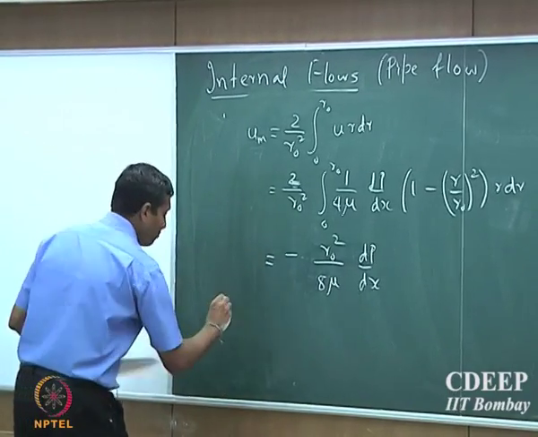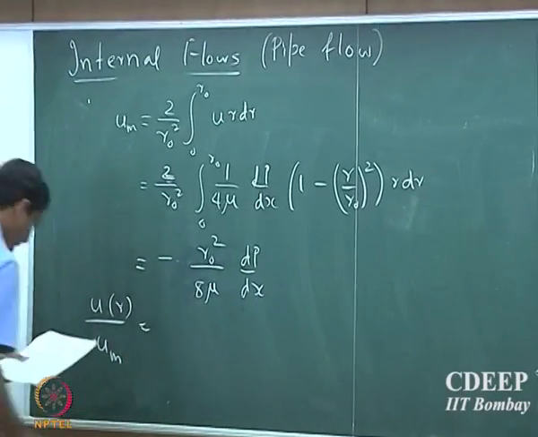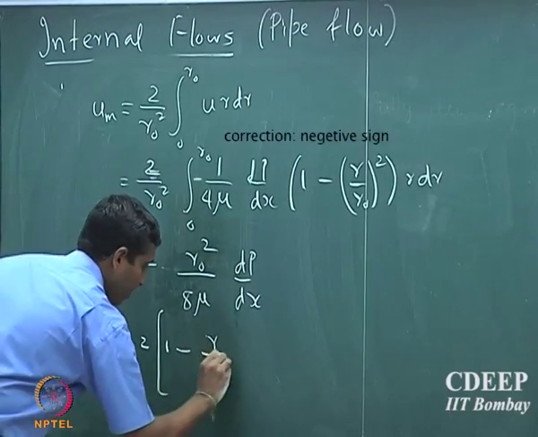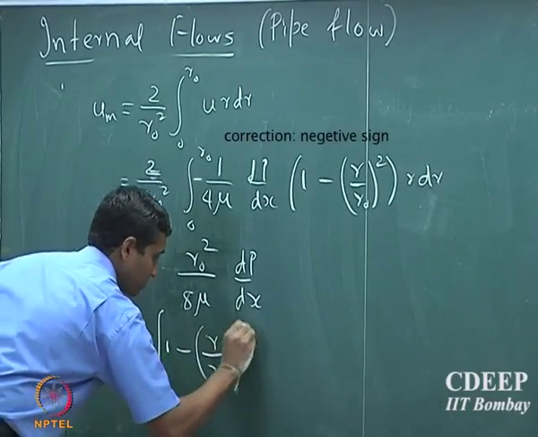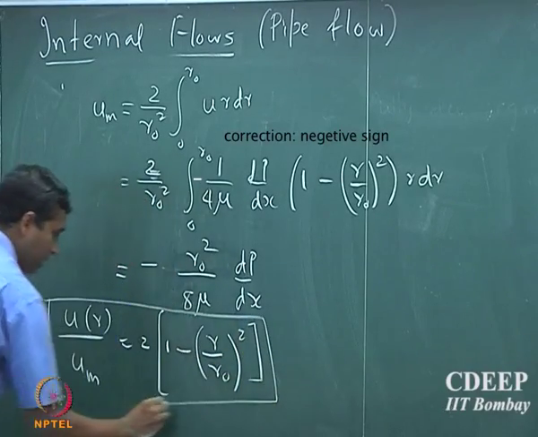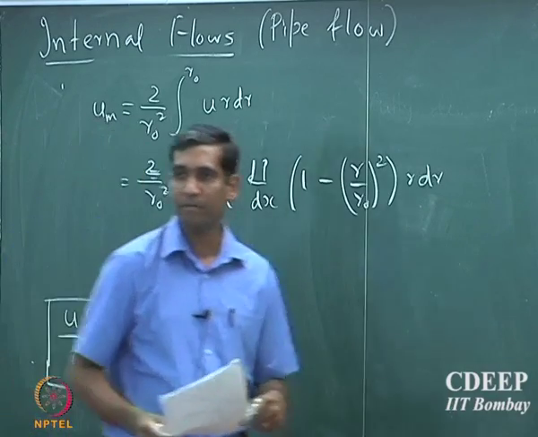So therefore, u by u m is now given by 2 into 1 minus r by r naught the whole square. So that's the velocity profile in the fully developed regime. Okay, is that clear to everyone? Any questions on this so far?